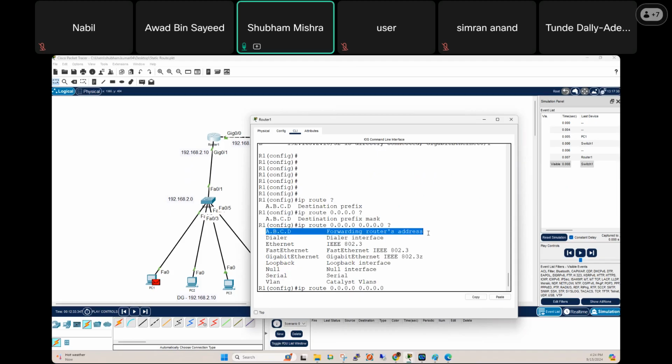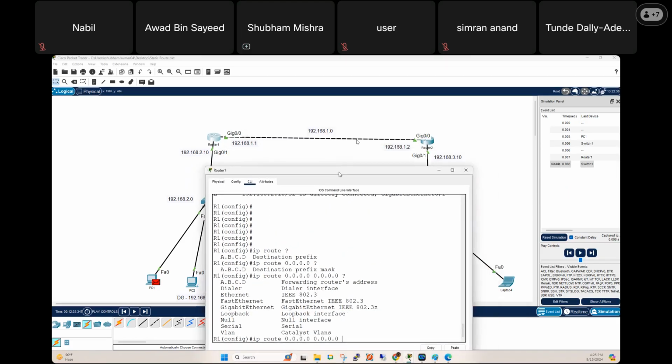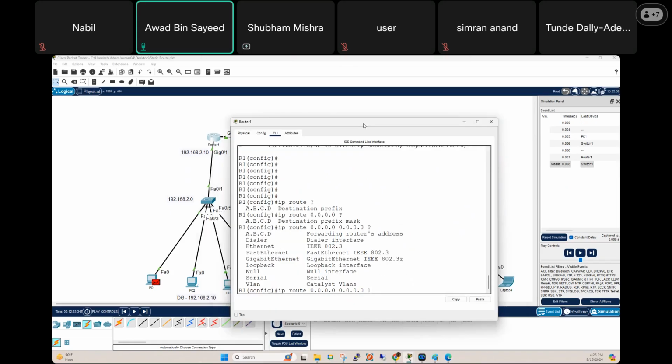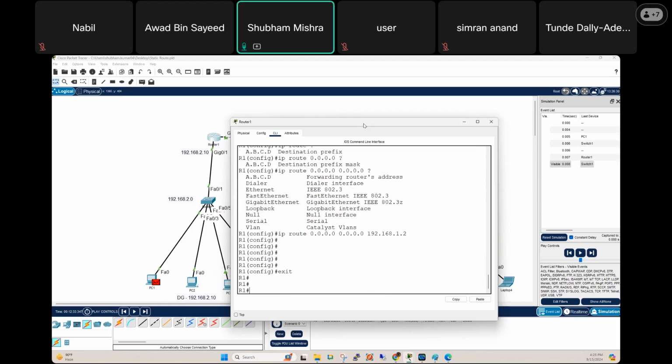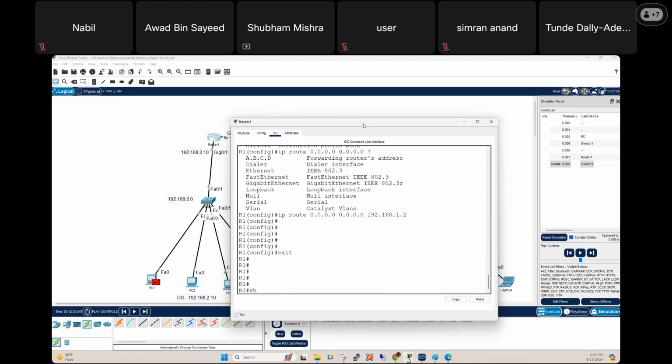Forwarding router's address. It means you need to write the next hop here. What is the next hop on R1? 192.168.1.2.